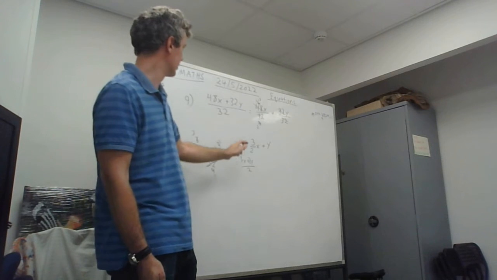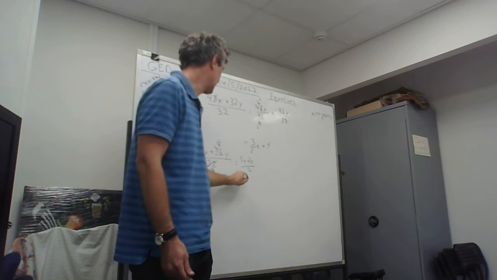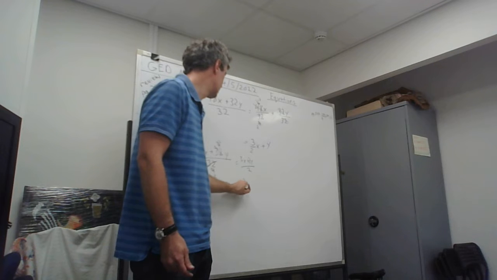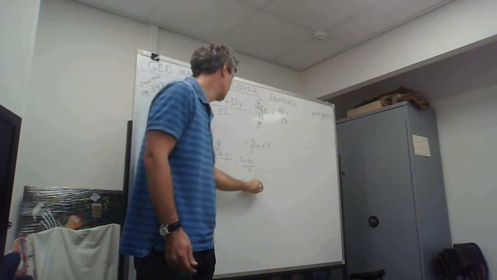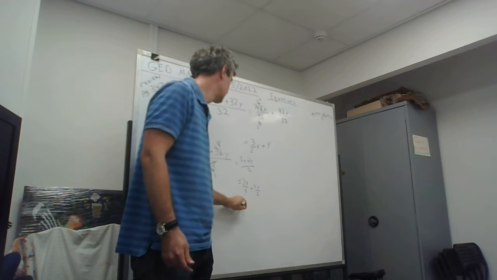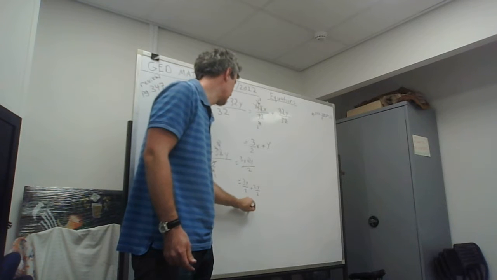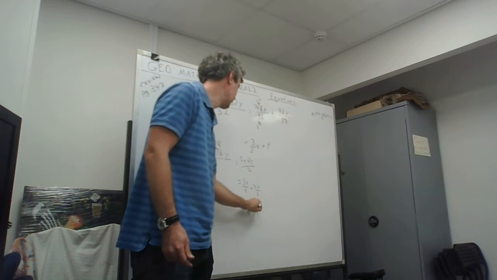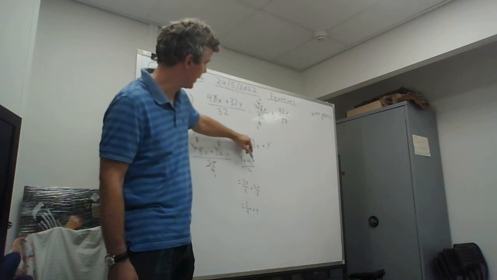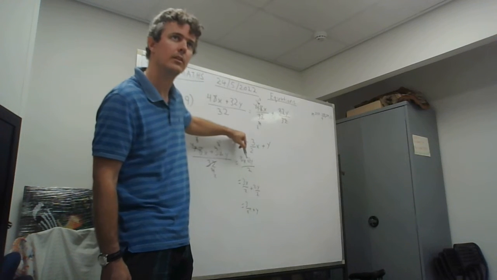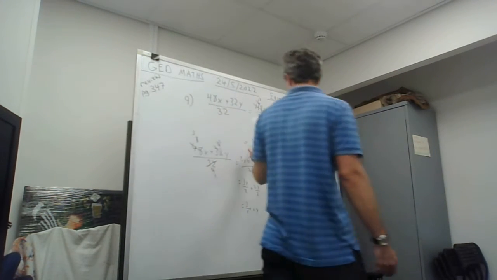And I can do the same thing again. It becomes 3x over 2 plus 2y over 2, which equals 3 over 2x plus y. Sometimes it'll be more useful to have it in this format with the 2. Of course, I can always convert back.